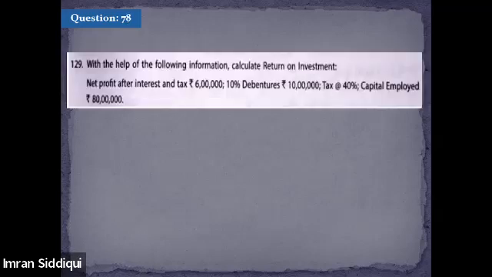Done, sir. Okay, next question. With the following information, calculate return on investment. I think you will be able to do this as well. So take the screenshot of this question as well.